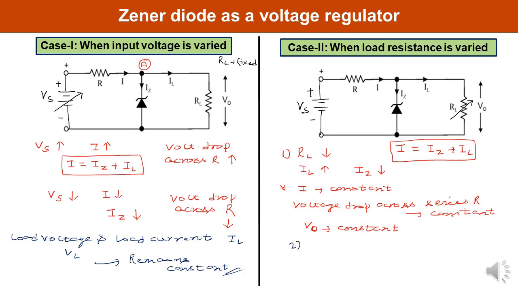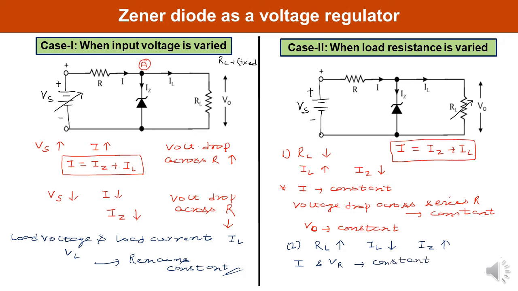In second case, let us assume when load resistance increases, it means when RL increases, then load current IL will decrease. At the same time, Zener current Iz will increase. So when Zener current increases, this again keeps the value of input current I and the voltage drop across the series resistance constant.